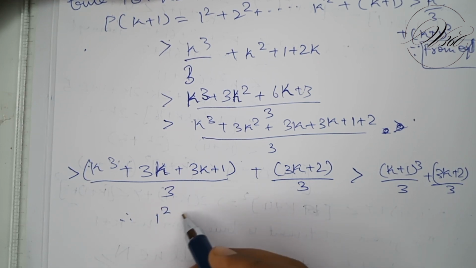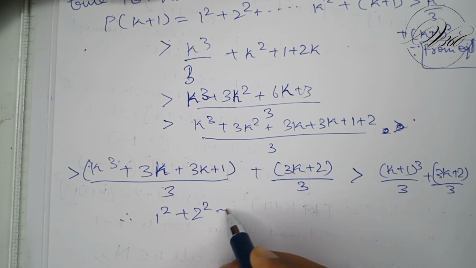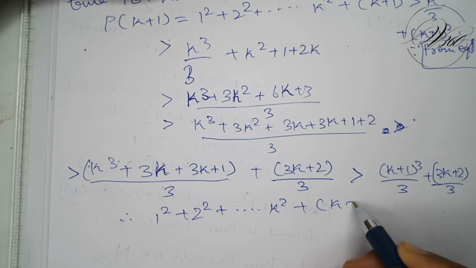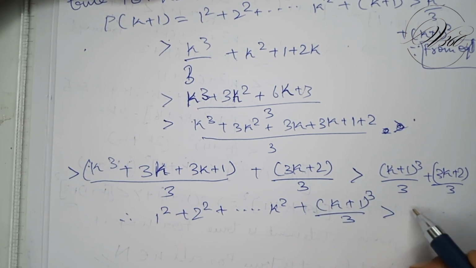Therefore 1 square plus 2 square plus up to k square plus k plus 1 whole square, which is greater than k plus 1 whole cube by 3.